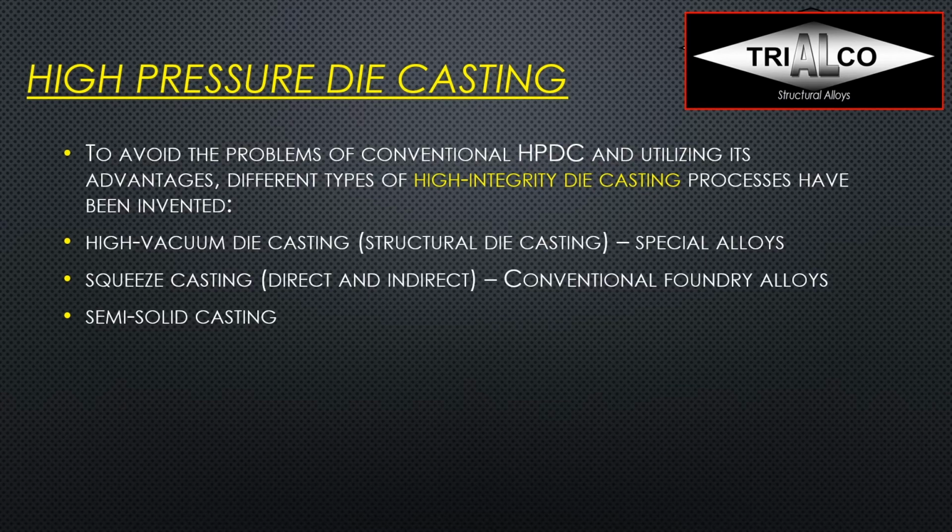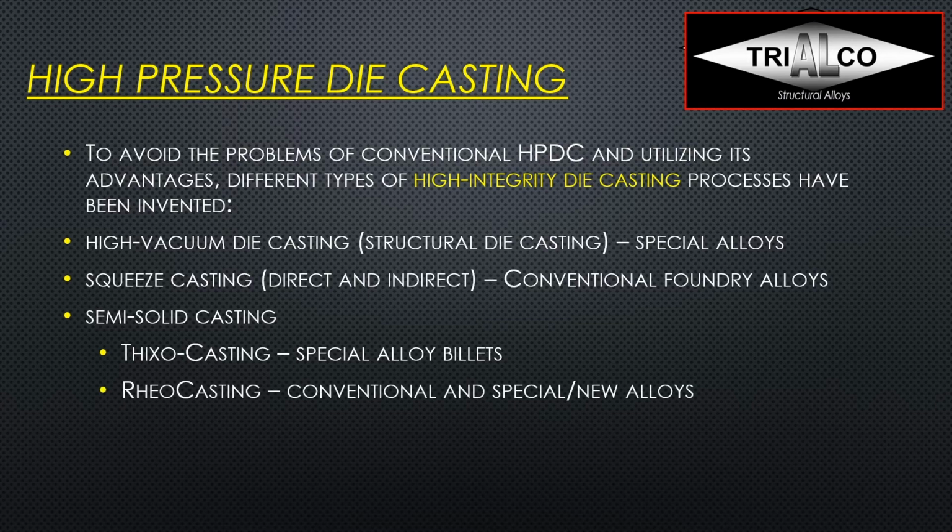Well, Thixo casting comes actually from a solid billet that has the size of your shot sleeve, and you heat it up in a very controlled way that it doesn't melt, but just gets to the semi-solid status. And there again you need special alloys that have special microstructure. Or you would do what we call rheocasting, where you can use conventional alloys, but also some special and new alloys.